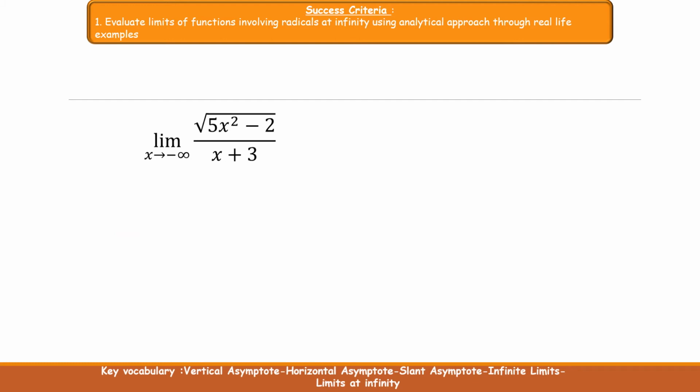What if we have negative infinity? Remember, everything stays the same. The only thing we will do before applying the limit is put a negative sign near the square root. Why? Because the square root gives us a positive or a negative answer, same like an absolute value.